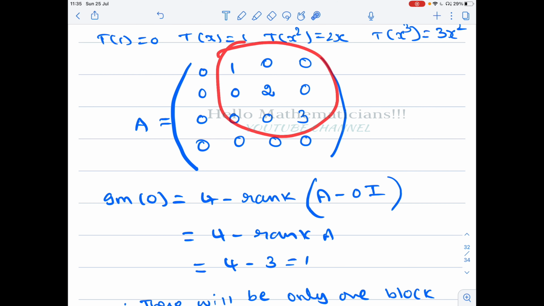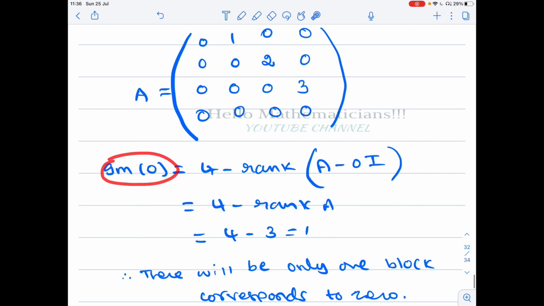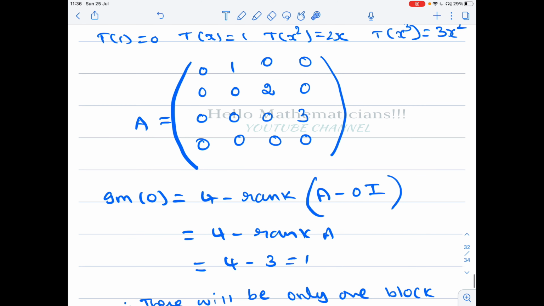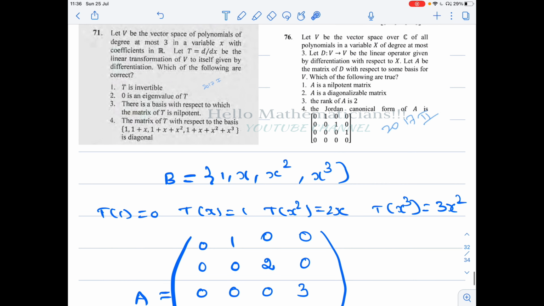I mean, there is a 3 by 3 minor whose determinant is non-zero, therefore rank is 3. So geometric multiplicity is 1. Geometric multiplicity of 0 is 1 means there will be only one block. Okay, so therefore this has to be the Jordan canonical form of this matrix.